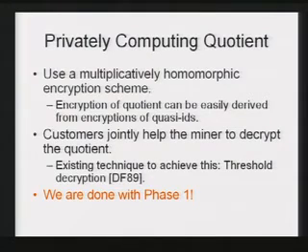So now, given this encryption scheme, the miner can compute the encryption of the quotient, and the customers can jointly help the miner to decrypt the quotient using an existing technique called threshold decryption, which was invented by Desmedt and Frankel in 1989. So good. We are done with phase 1.